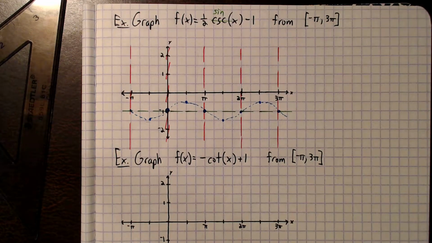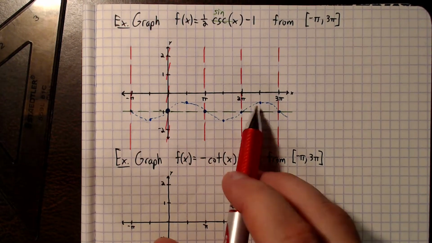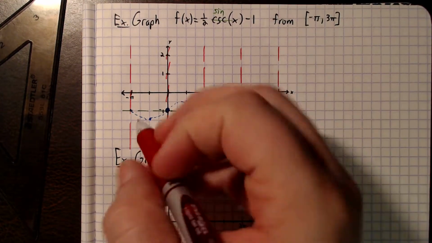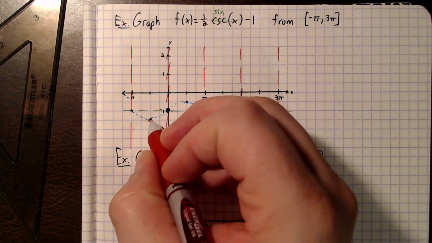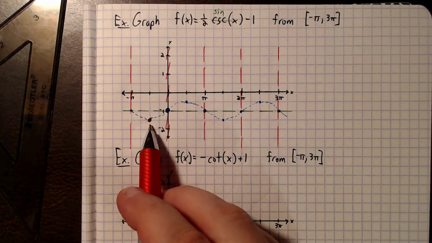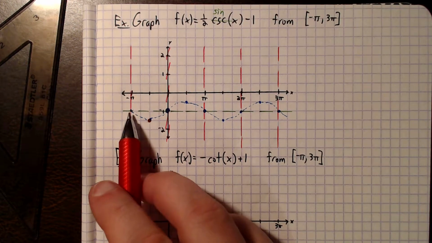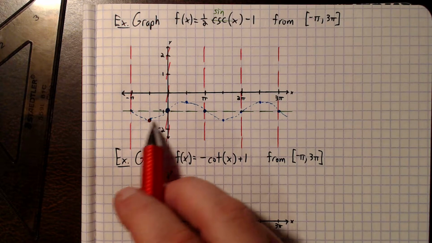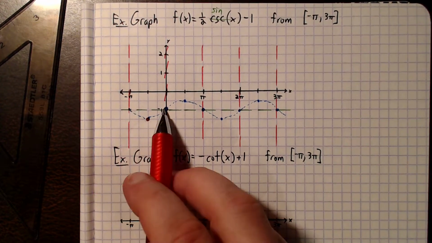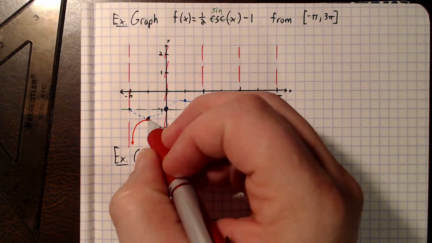And this is why we draw in the little ghost sine function, because I know that I'm going to be sharing that same point right here, that minimum value. But I want this thing to be reciprocal. So sine here is going like a U, so I need my reciprocal to be upside down.